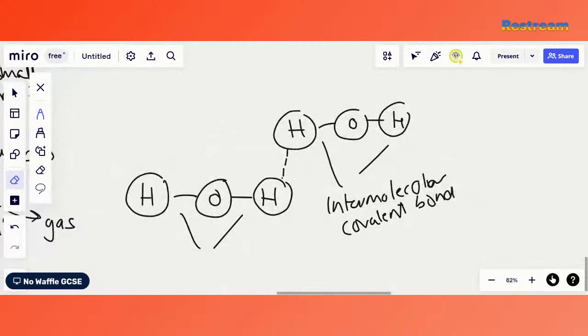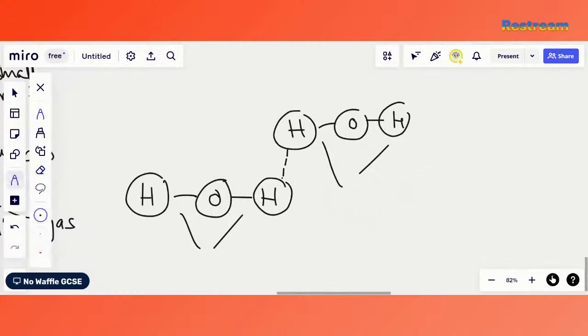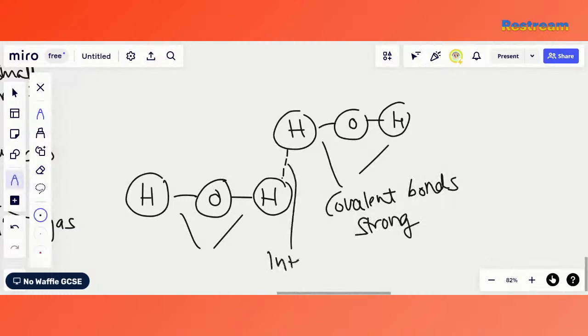However, let me just write that again. So these bonds are what we call the covalent bonds, as we discussed. So they're the bonds between hydrogen and oxygen, and these are really strong, as we said, because they are sharing electrons. However, these bonds are intermolecular bonds.